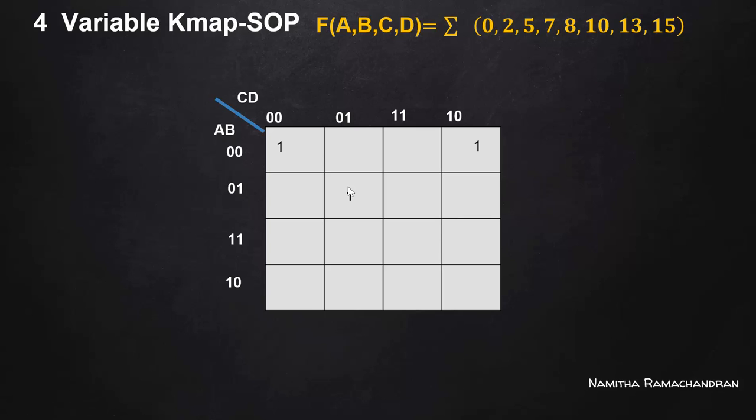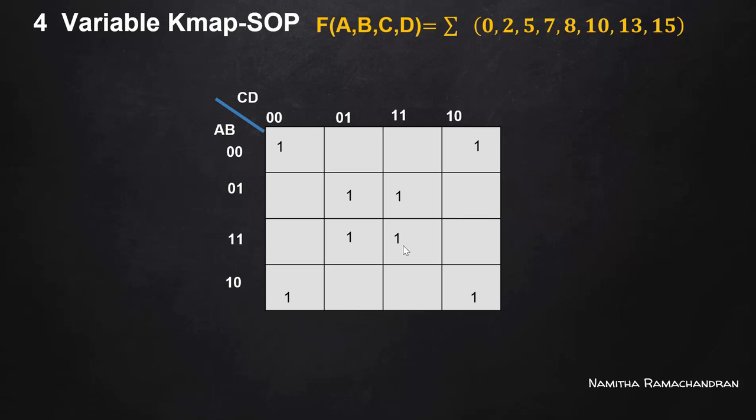Next is 7, 0111. So mark 1 here. Next is 8, 1000. Mark 1 here. Next is 10. 10 in binary is 1010. Mark 1 here. 13 in binary is 1101. So put a 1 here. 15 in binary is 1111. So put a 1 here.